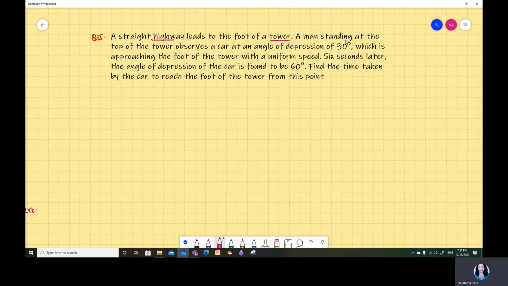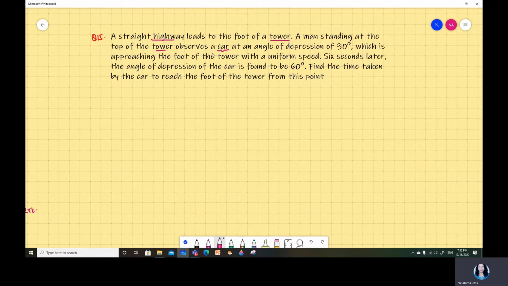A man standing at the top of the tower observes a car at an angle of depression of 30 degrees, which is approaching the foot of the tower with a uniform speed. Six seconds later, the angle of depression of the car is found to be 60 degrees. Find the time taken by the car to reach the foot of the tower from this point.